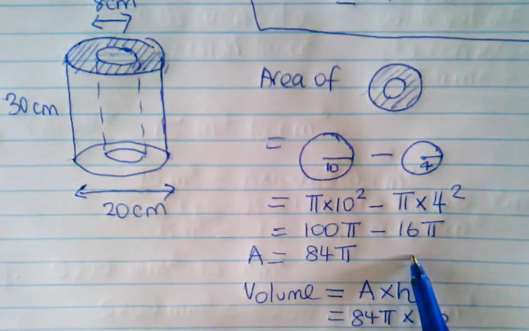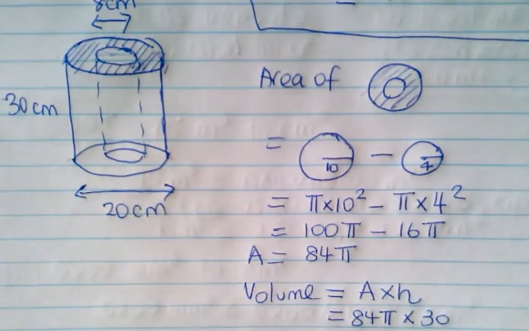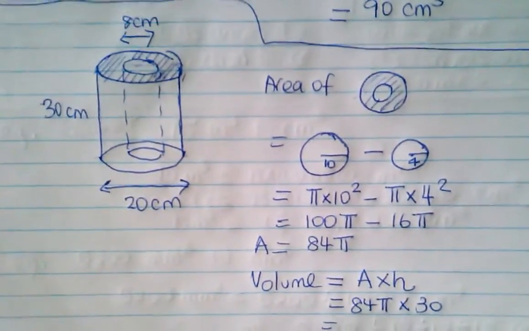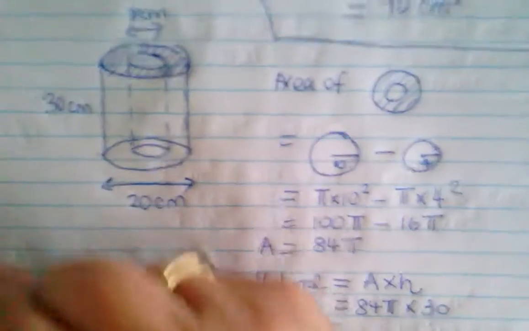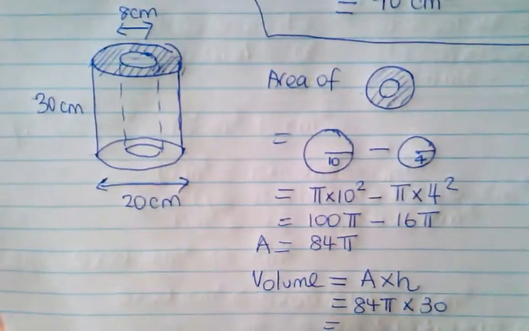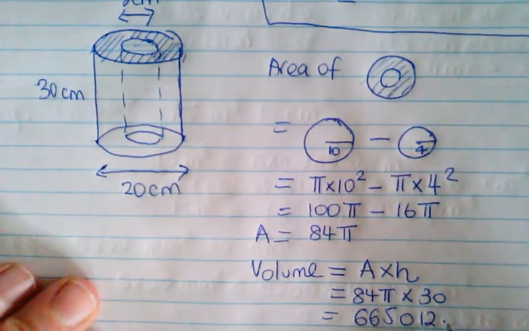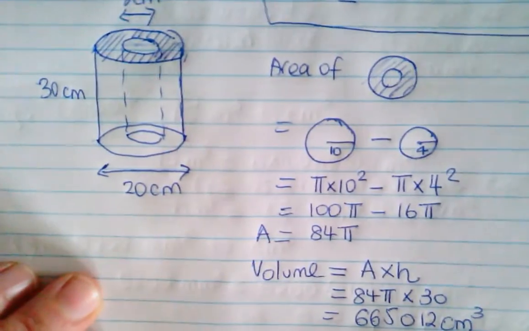It would be almost 300 if you did. But this way you don't have to carry all the decimal places. Anyone got an answer? What do we get? 84 pi times 30. What I might just do is make that to the whole number centimetres cubed.